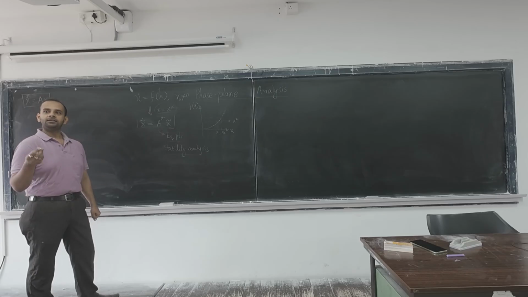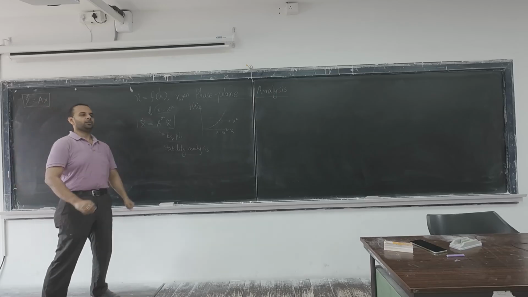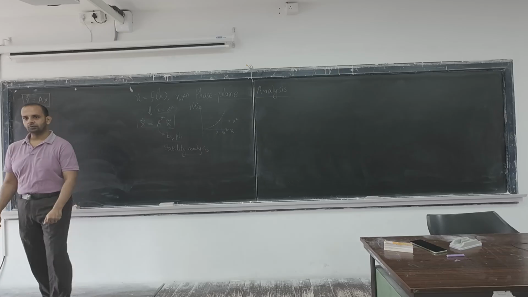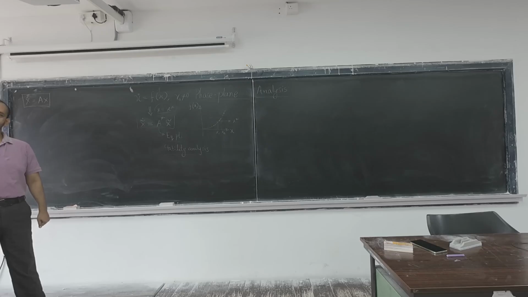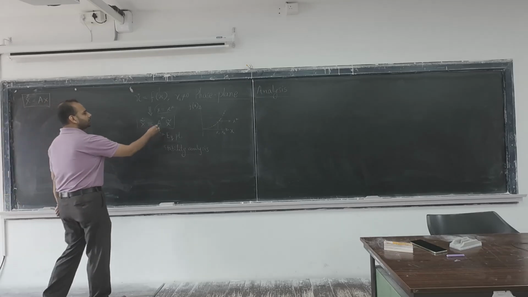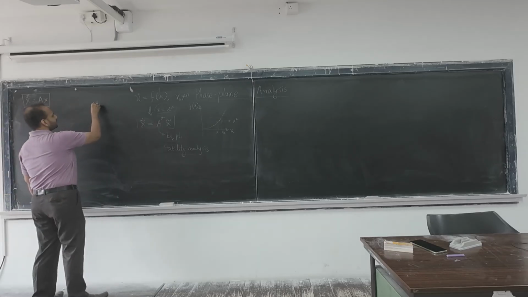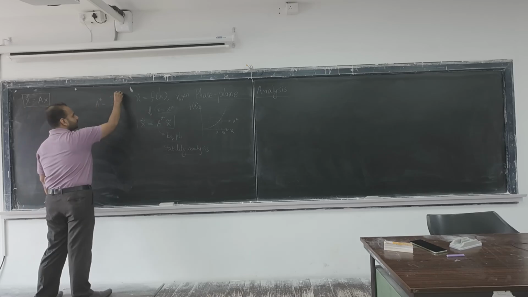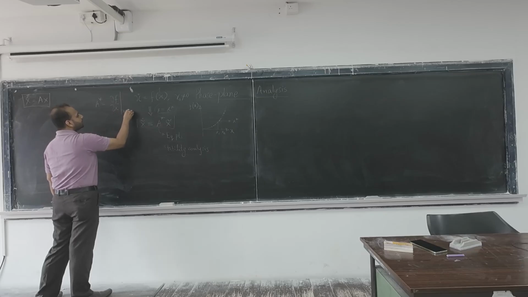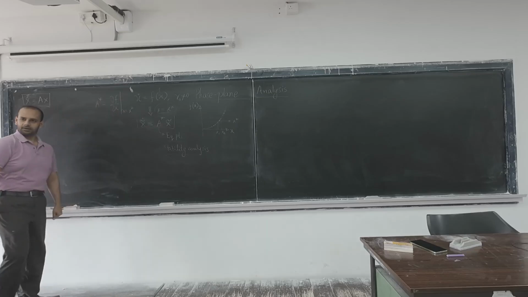Even with respect to the nonlinear system, without linearizing, for finding out the equilibrium points, what do you generally do? That is A star. What is this A star? Del f del x evaluated at x equals x star, right?